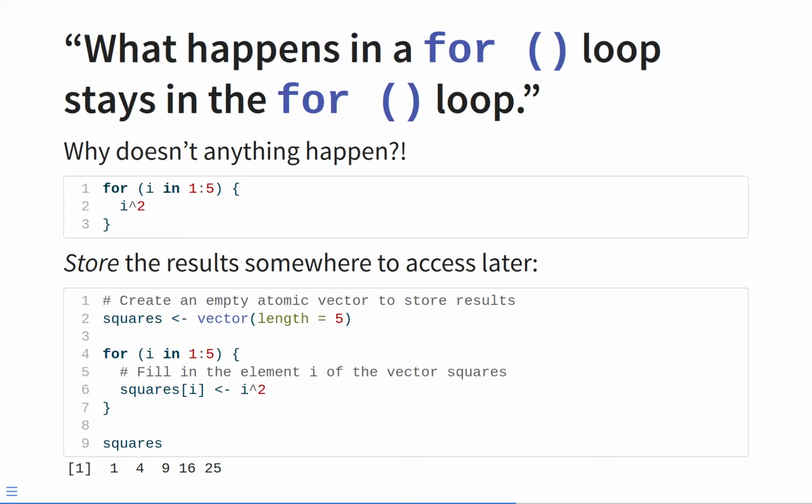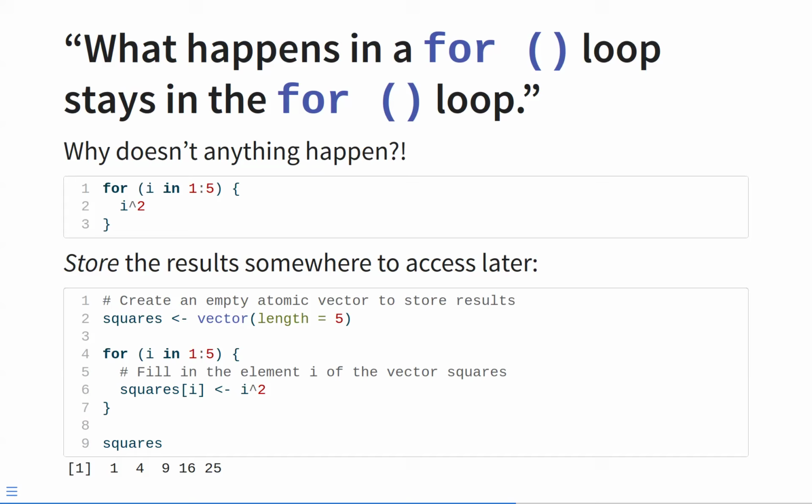So for i in 1 to 5, squares[i] gets i squared. The first time we go through this loop, we will set the first element of squares equal to 1 squared. That's because initially i is equal to 1. The second time, we will set the second element of squares to 2 squared.